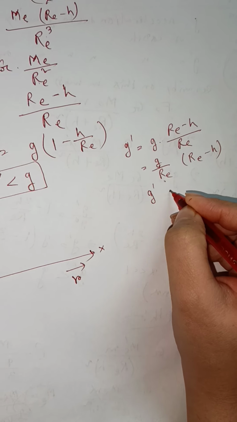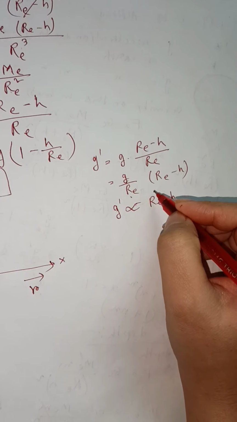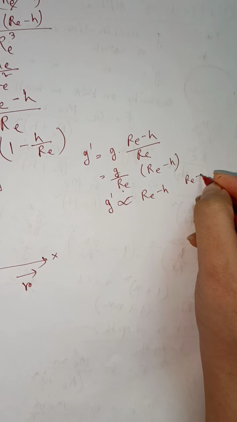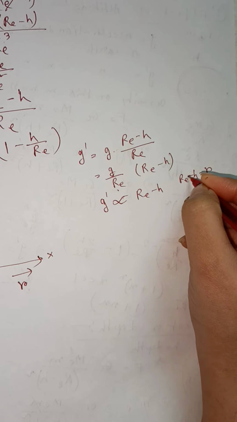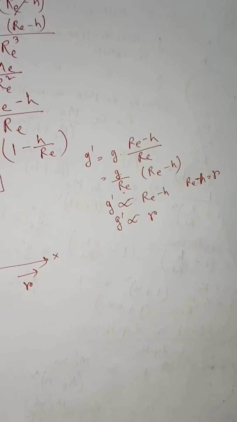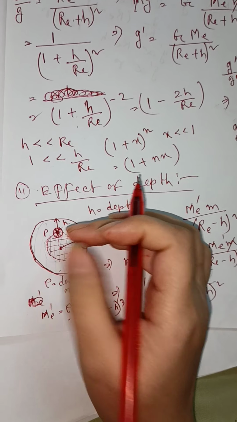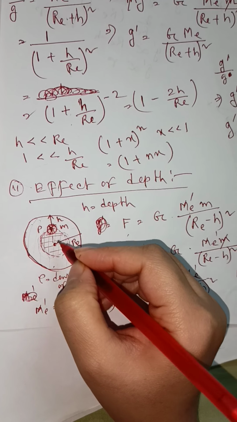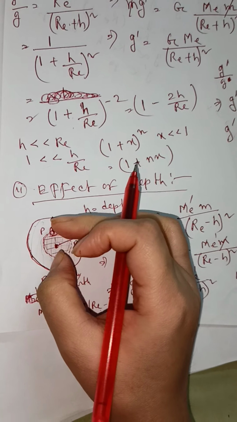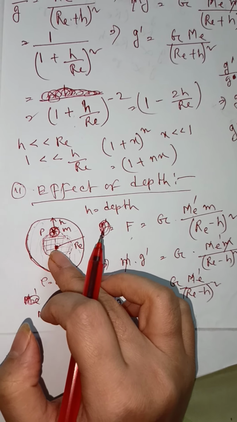That means g dashed is proportional to RE minus h. Here I am considering RE minus h equals small r, suppose. So g dashed is proportional to small r. What is RE minus h? It is the distance of the mass M from the center. That means small r represents the distance of this mass M from the center of Earth.